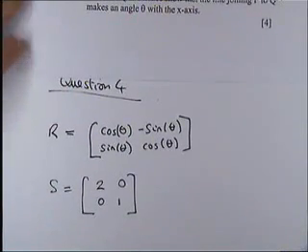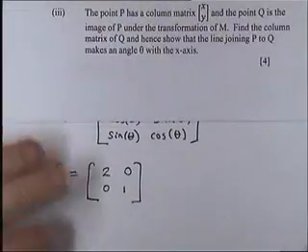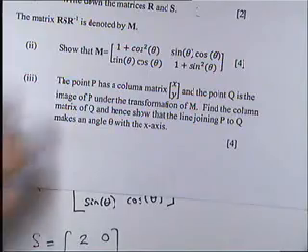Now it says the matrix RS, the inverse of R, is denoted by M, and it asks us to show that M is that, for 4 marks.